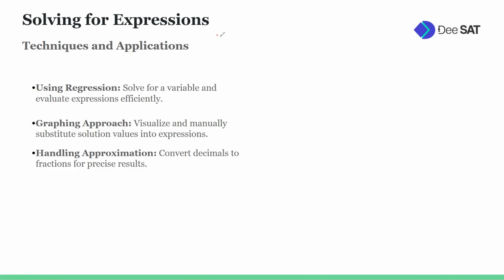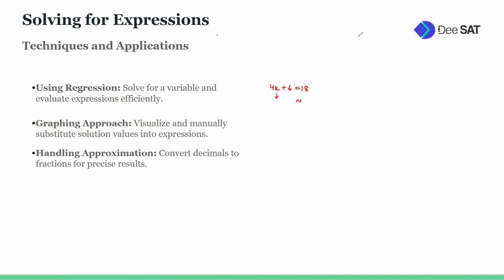Now let's look into techniques for solving and evaluating expressions using Desmos. The very first is using regression. Regression is a powerful feature in Desmos that helps you solve for a variable and evaluate expressions efficiently. For example, if you need to solve 4x plus 6 equivalent to 18, as we just learned, we simply replace the sign with regression and change the variable x to some other variable except x and y.